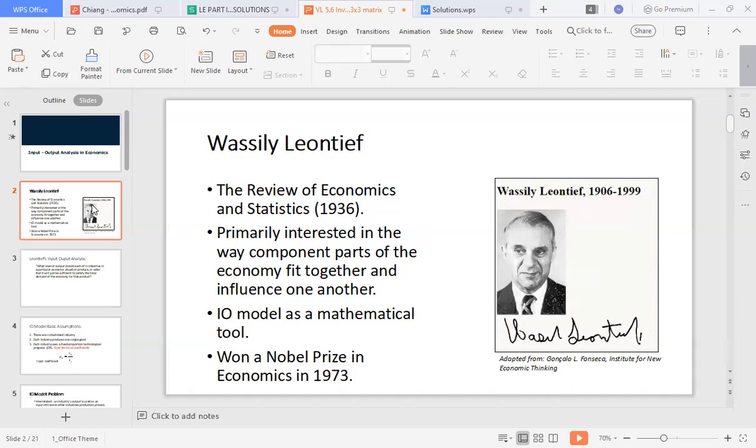But what he was particular with was how components, or parts of the economy, fit together and also influence one another. So because of this insight, much of his work on the input-output model was on the interrelationship, or how sectors are interdependent with one another. Okay.